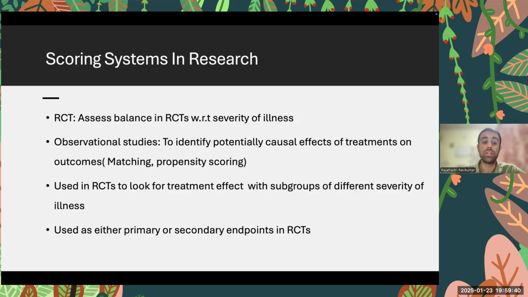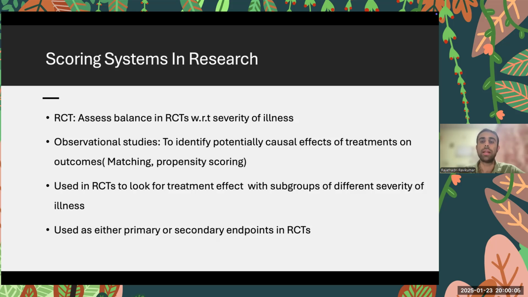They are also used in RCTs to look for treatment effect within subgroups. Suppose we are doing an RCT of steroids in ARDS. We can classify the patients based on severity. Let's take a better example: sepsis. Sepsis with a higher severity score has a better propensity to respond to the treatment.